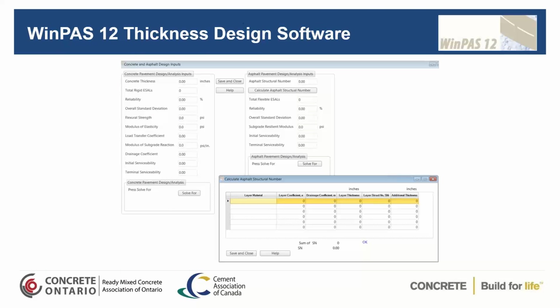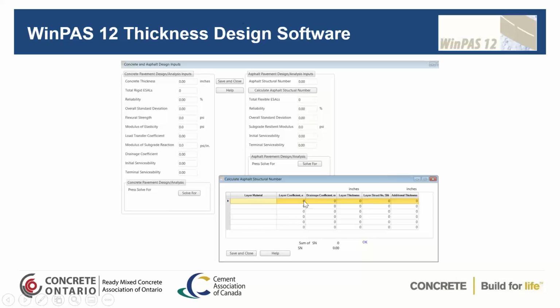And this is just a snapshot of the page where you can do the analysis side by side. These are your asphalt inputs. These are your concrete pavement inputs. And you'll see here that your asphalt pavement design can be entered. You put the layers: the layer of asphalt that you have, your layer of base, your layer of sub-base.